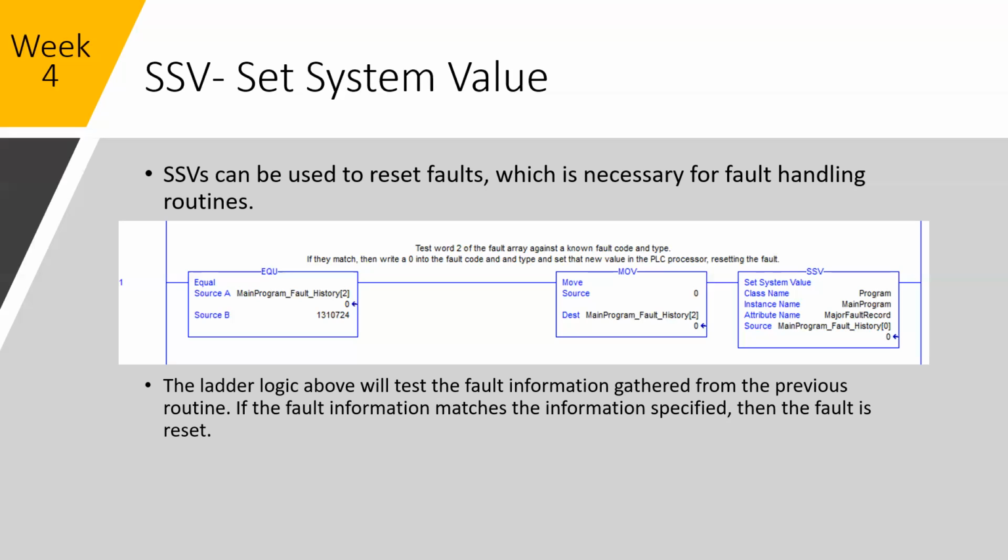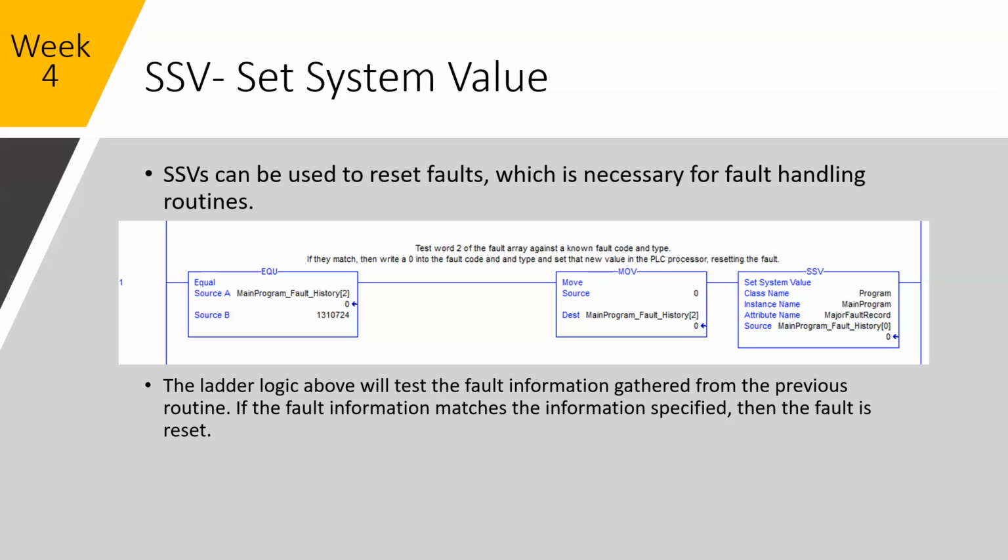So the get system value is reading, but because you can't look at the system values directly, you have to request it and write it into tags that you create. And then if you wanted to clear alarms or set a new time, you have to set system value. So you're writing into the system values.